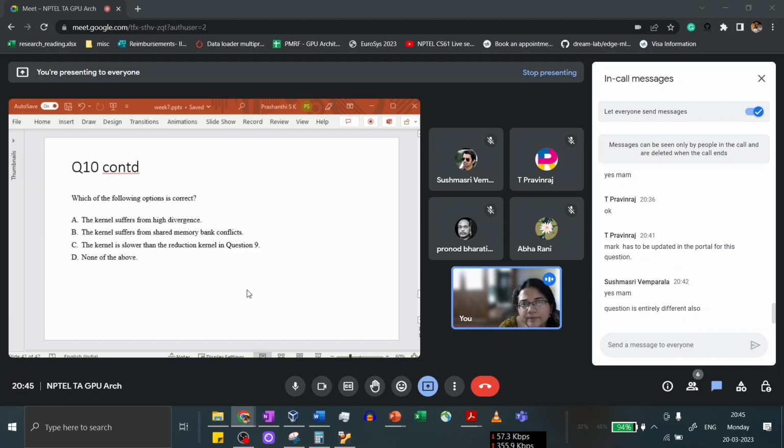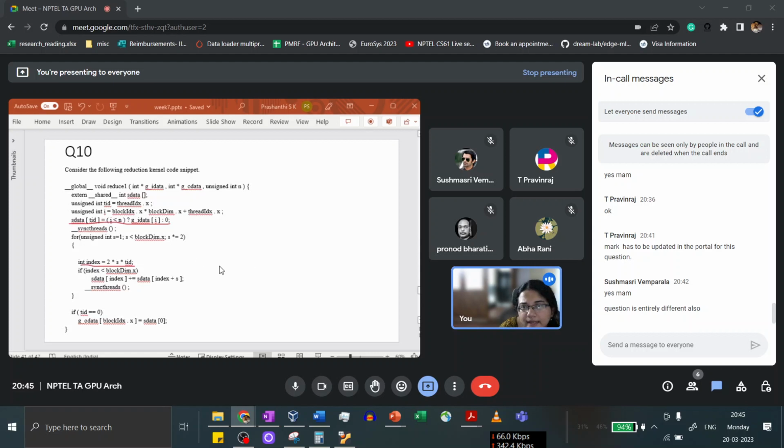I'll scroll up again if it helps. So the options are high divergence, shared memory bank conflicts, slower than the kernel in question 9, none of the above.